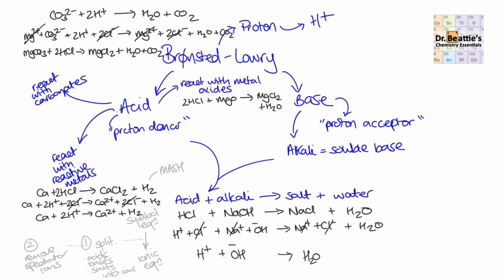Now the ionic equation is going to be splitting up the salts, checking the changes, and you'll end up with this as your ionic equation, following exactly the same process we've done before. And so you need to know all these different types of reactions of acids and be able to come up with their ionic equations if asked.